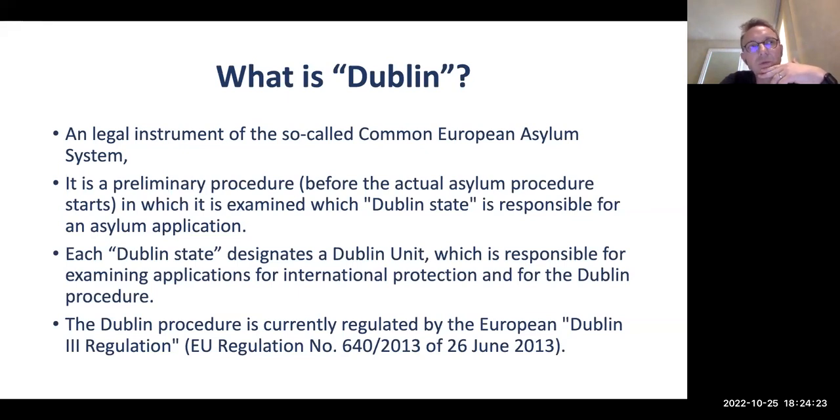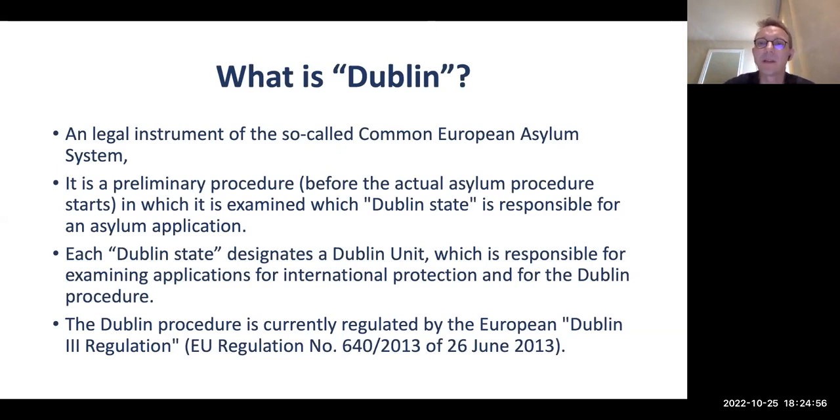All these countries in Europe have signed this convention. As soon as a person would ask for protection, this person would then receive the obligation, let's say, by states to go through the asylum application and to make an individual assessment of whether this person needs protection in the country or not.